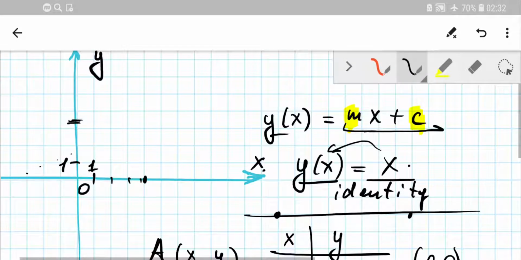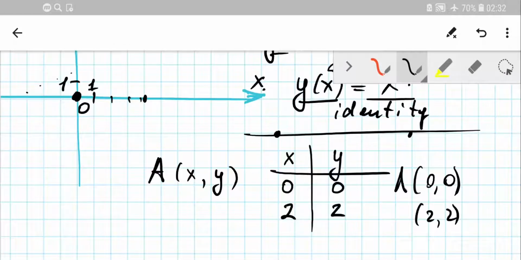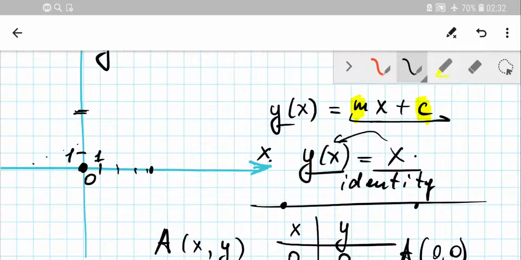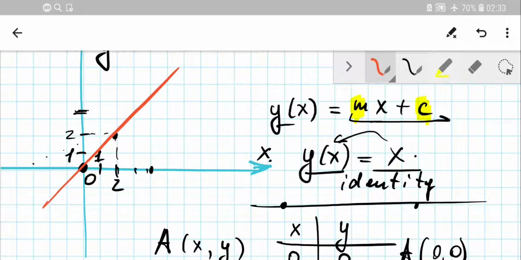Let's put the first point and mark it A, and the second point and mark it B. The second is 2 and 2, so obviously it's here. We connect those two points, and it is the straight line y equals x, and this line will be here. That's pretty straightforward.